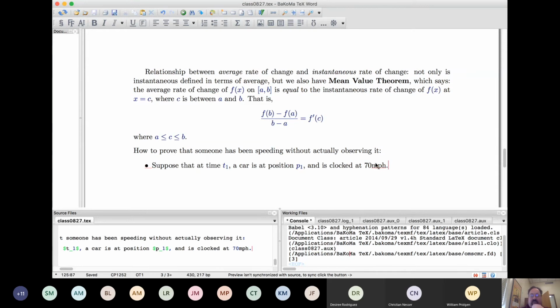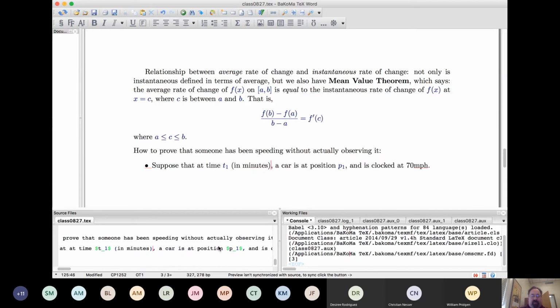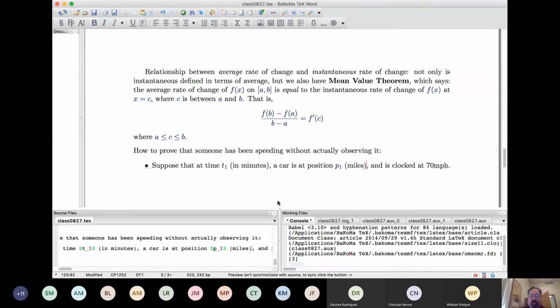So they're fine. They're not observed to be speeding. And I'll put some units here. Let's say that T1 is in minutes, and we'll measure position in miles. Okay, so there's one observation at a certain place, certain time, certain speed.